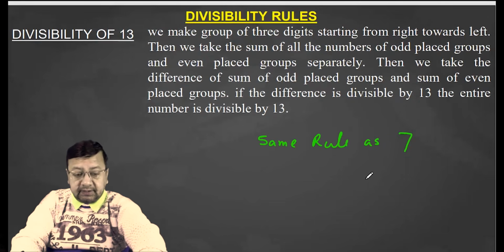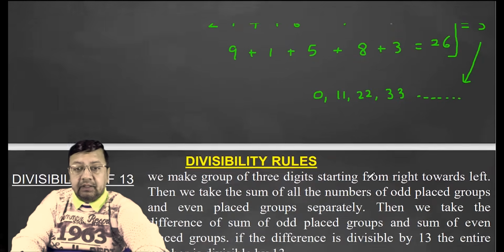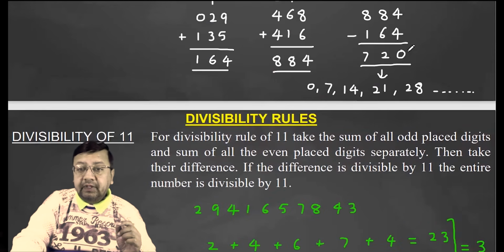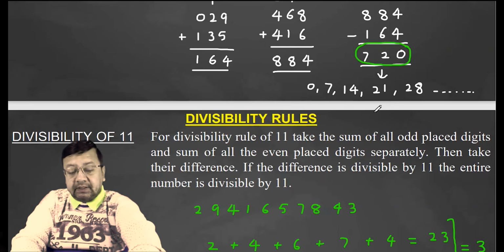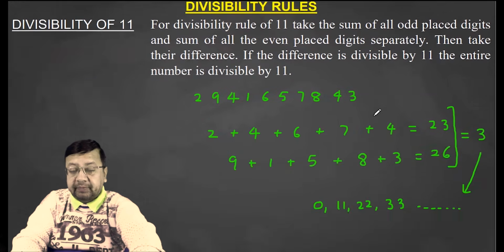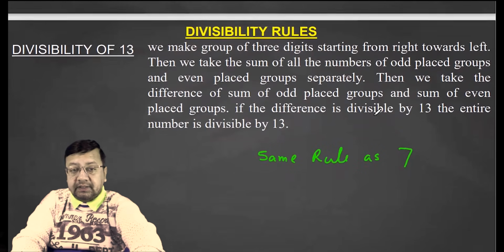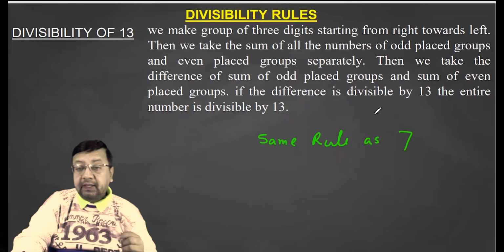In our example, right, the last difference which we are having is what? 722. This difference we are getting, right? 722. Now, is this 722 divisible by 13? Yes, what do you say? Yes, everyone, just give me some answer. Is 722 divisible by 13?